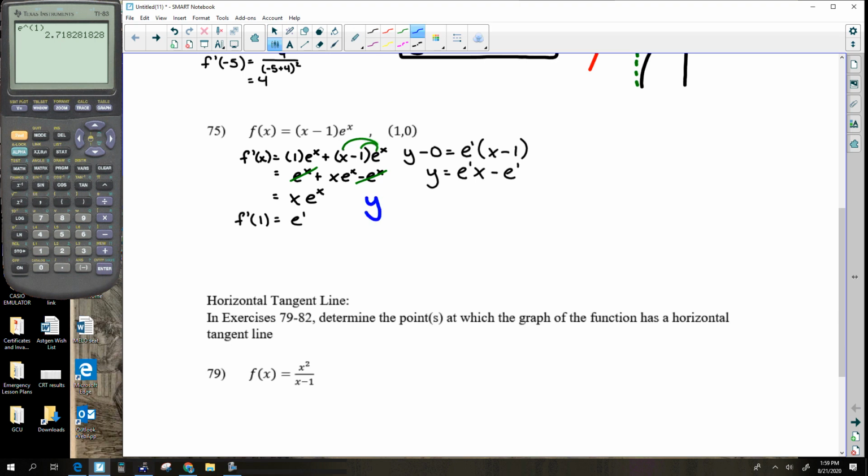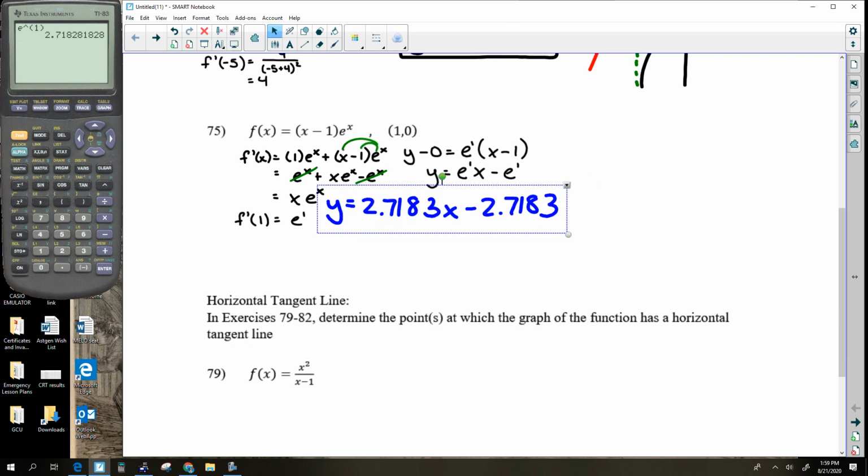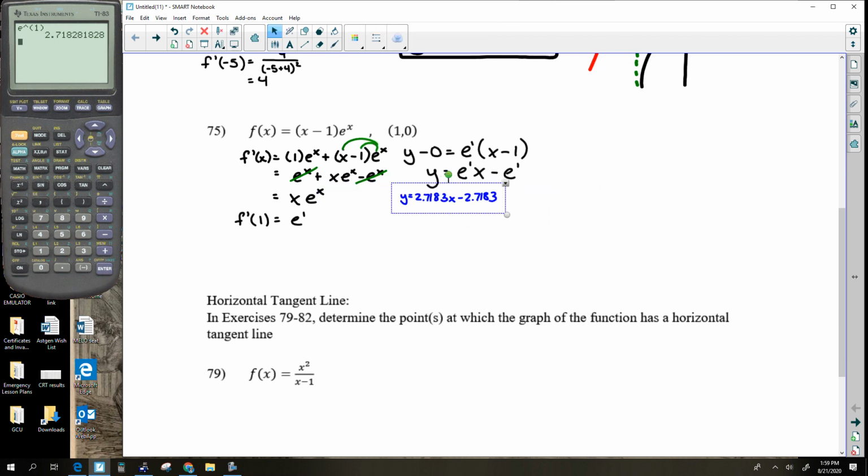So if my calculator spits out 2.7183x minus 2.7183, I know that I'll have the correct answer. I'll hold that in reserve and see if I have the correct stuff. All right, so first is to graph the actual function, x minus 1, e to the x.